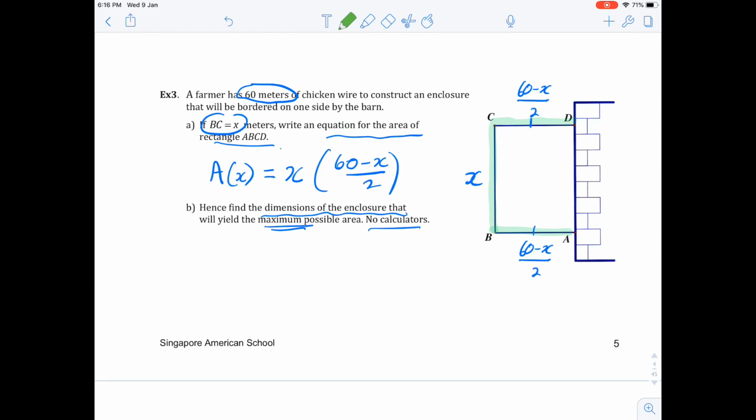Fortunately, what we have here is our intercept form of our function, and so what you should be able to do relatively easily would be to sketch a graph of this. We of course have intercepts or zeros at 0, and our second intercept is going to occur when 60 minus x over 2 equals 0, i.e. where x is going to be equal to 60.